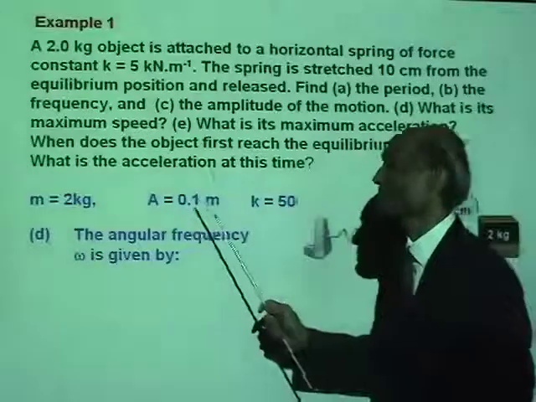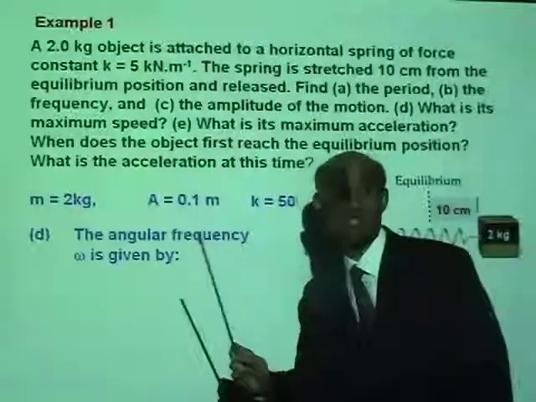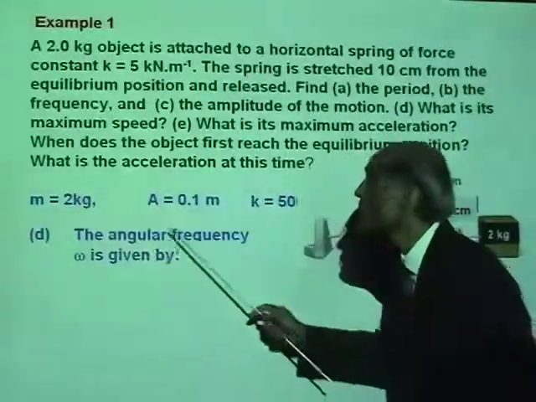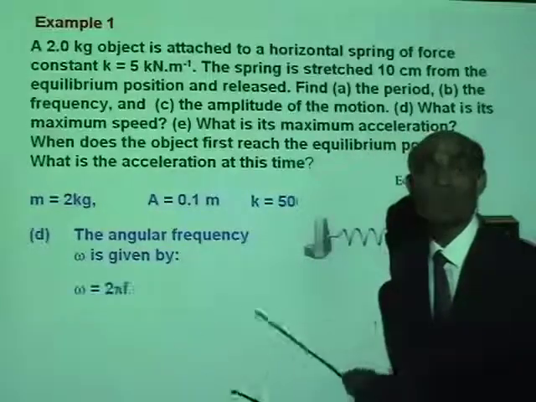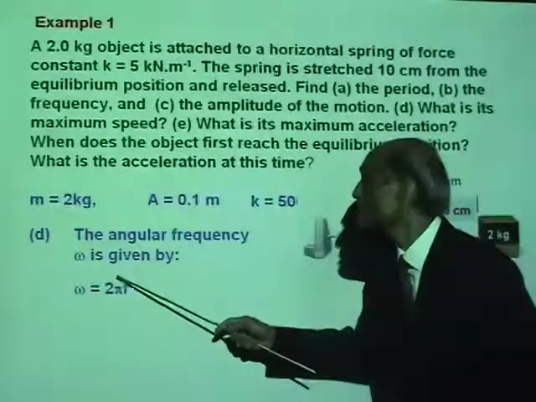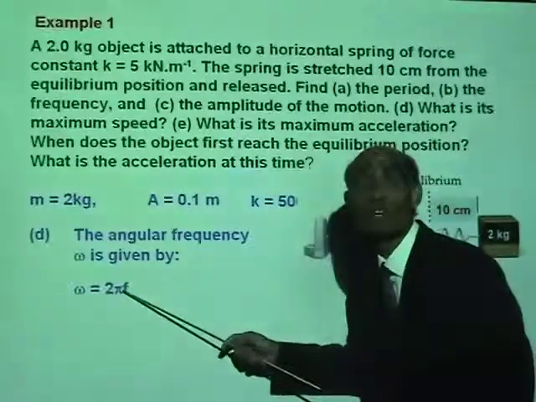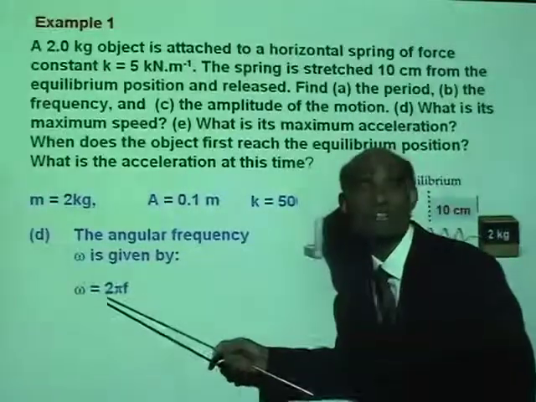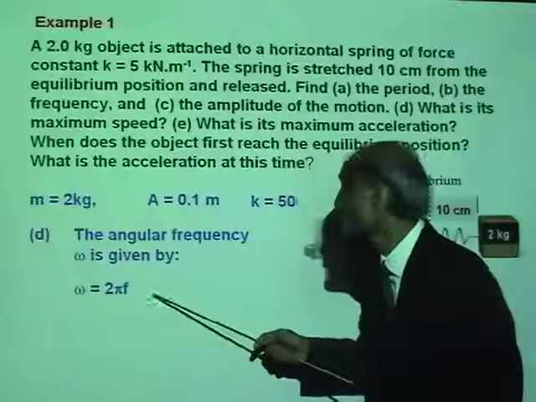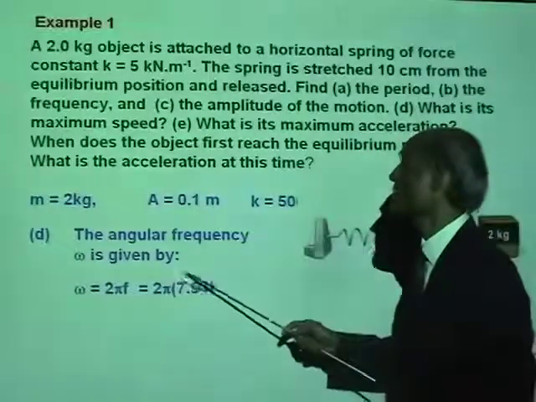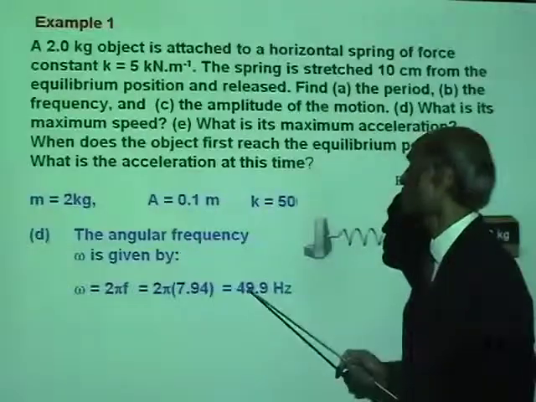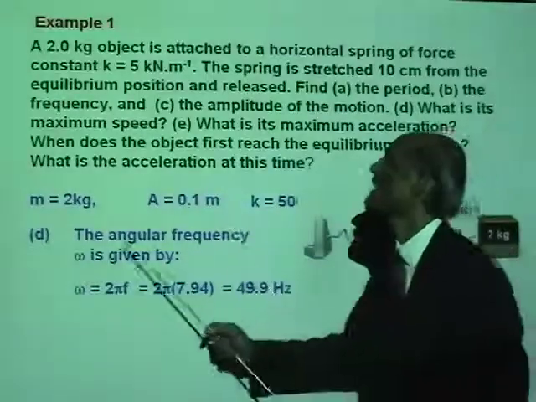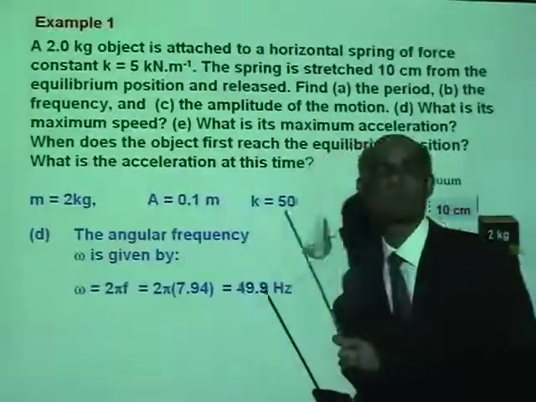V max. In order to find the maximum speed, we need to obtain omega. And what is omega equal to? Omega equal to 2 pi f. We just calculated the frequency. So use that value. We got 2 pi times 7.94. That is 49.9 Hertz, which is omega.